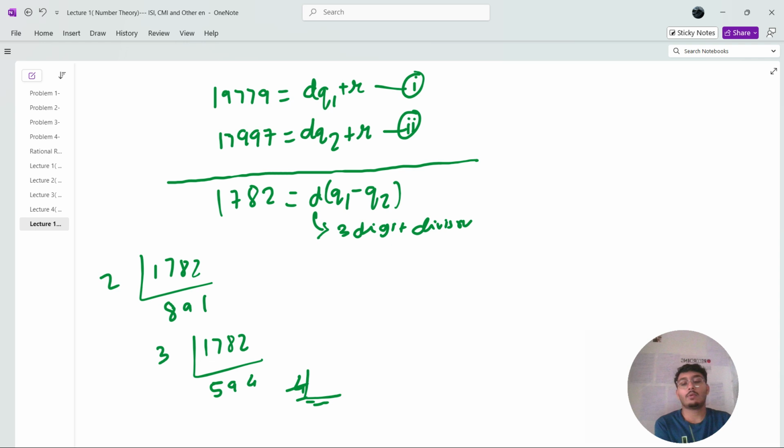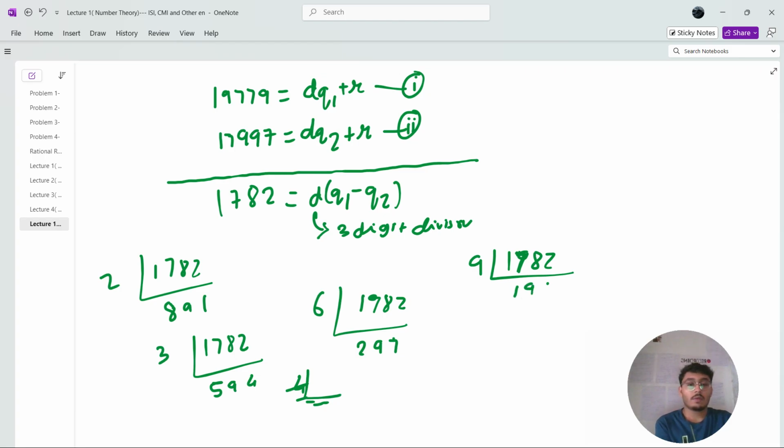Since it is divisible by 2 and 3, it will be divisible by 6, giving 297. If I divide it by 9, since the sum of digits is divisible by 9, I get 198. Divided by 11 gives 162.